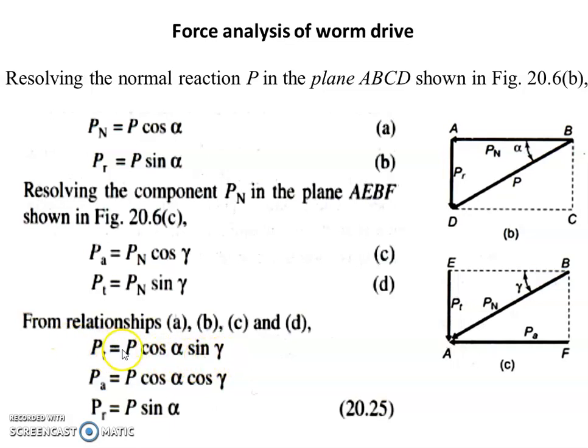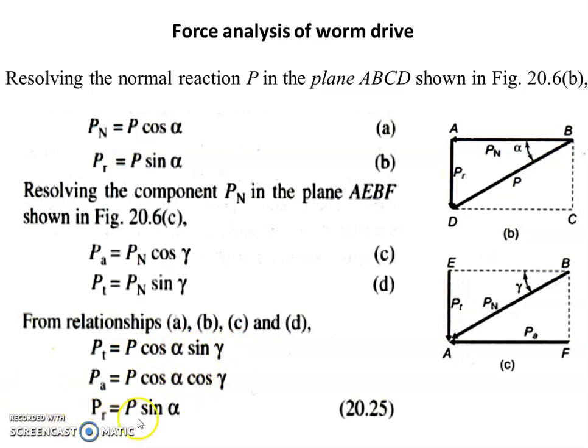Tangential component of force PT is equal to P cos alpha sin gamma. At the same time, PA is Pn cos gamma, and Pn is given as P cos alpha. So if we substitute P cos alpha in place of Pn, then it becomes P cos alpha cos gamma. Is it okay? So the tangential component of force and the axial component of force are given as P cos alpha sin gamma and P cos alpha cos gamma.